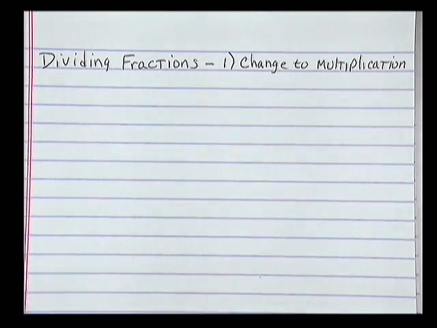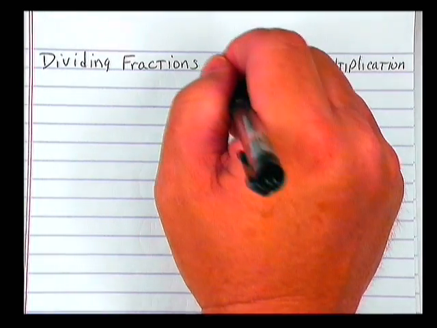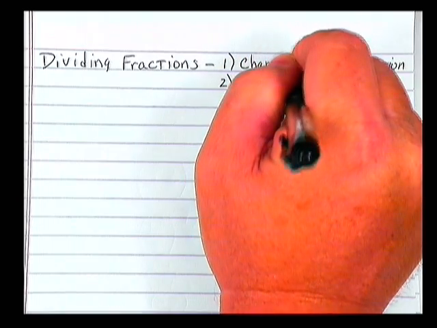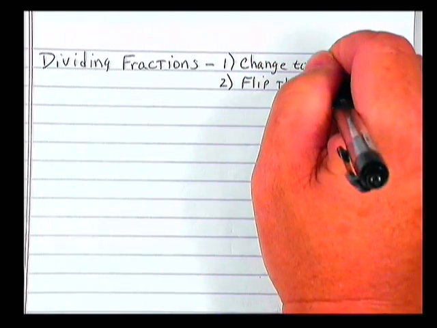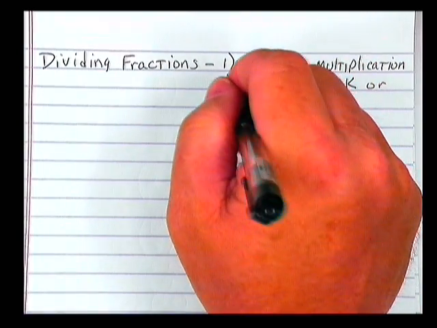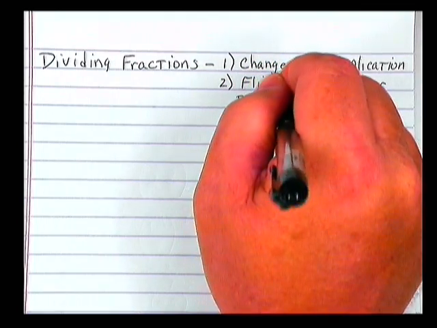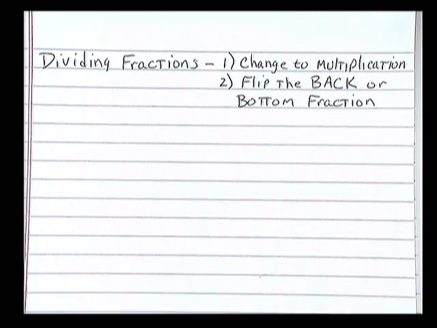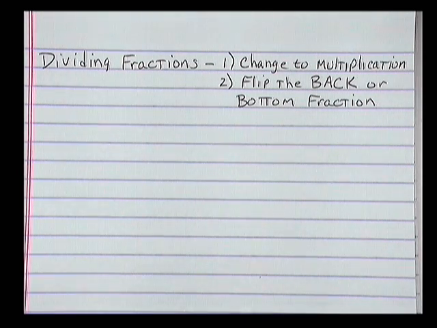First thing you're going to do is change the sign to multiplication. The second thing you're going to do is flip the back or bottom fraction. Sometimes if they're in a different format, the back fraction is placed on the bottom. So sometimes you need to know which fraction to flip. It's either the back or the bottom.